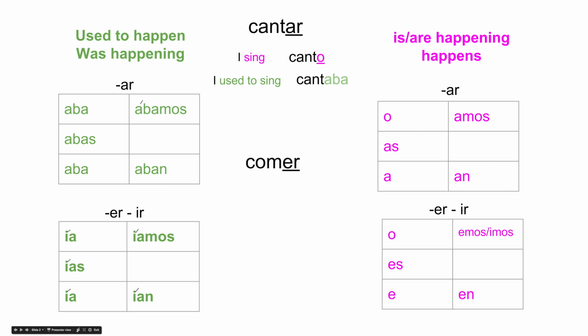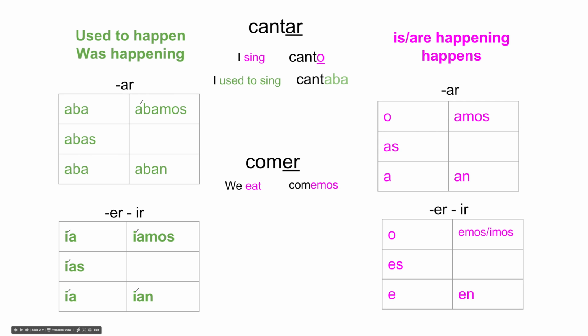Okay. If you have a verb such as comer, it ends in ER. It means to eat. If you want to say we eat, first of all, you're thinking pink because that's present. Presently, we eat. I can't use amos. Why can't I use amos? Yes, because it ends in ER. So I'll go right down here. I grab amos, and I get comemos.